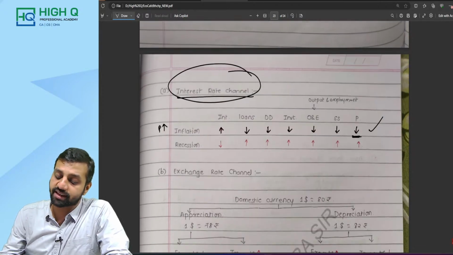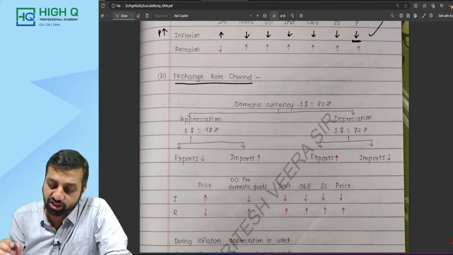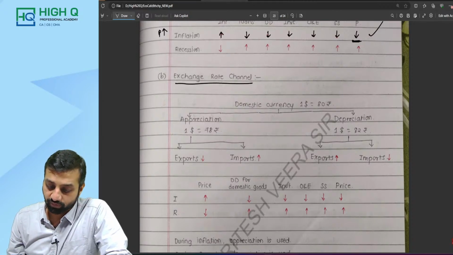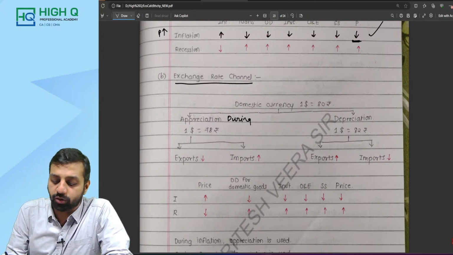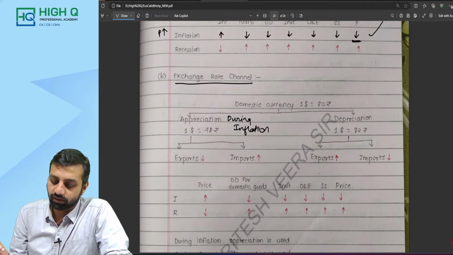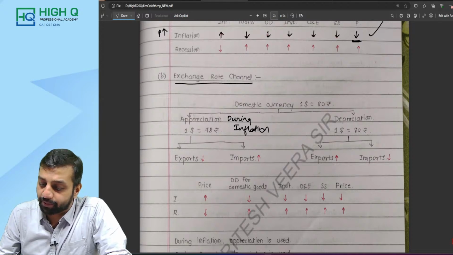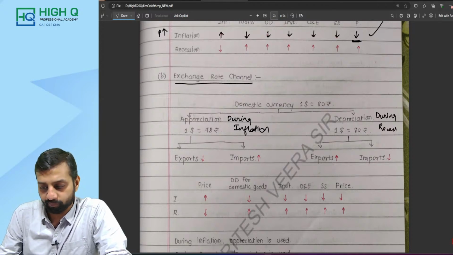And vice versa for recession. Now there is another channel, that is the exchange rate channel. The policy of appreciation will be used during inflation, and the policy of depreciation will be used during recession.